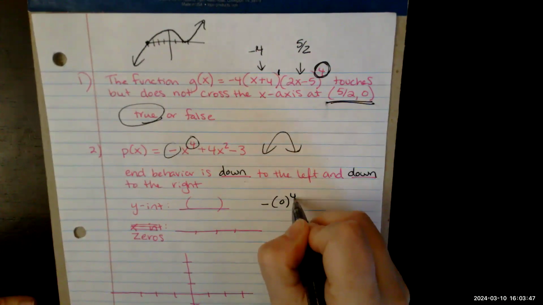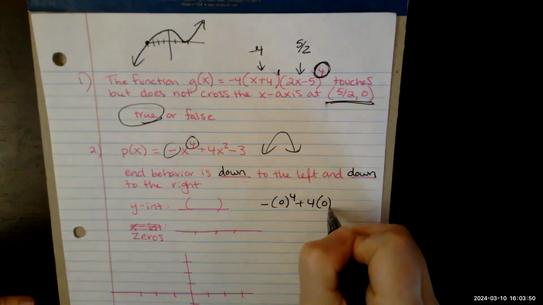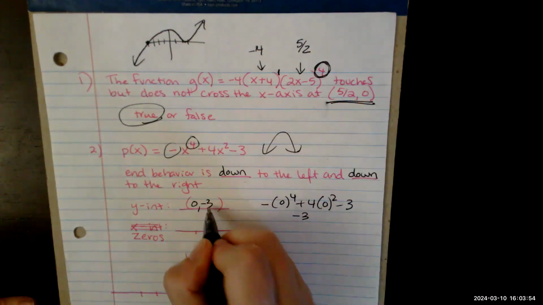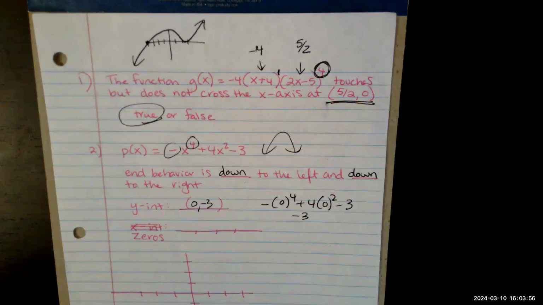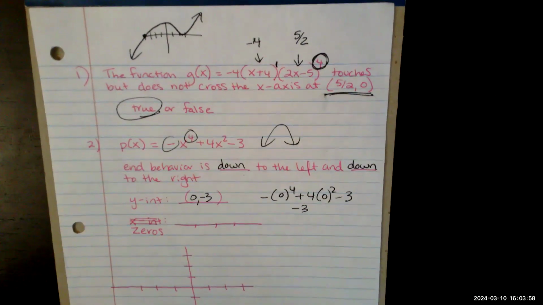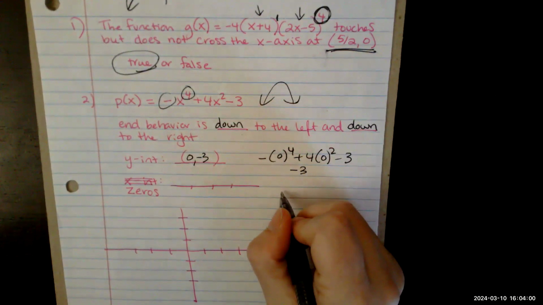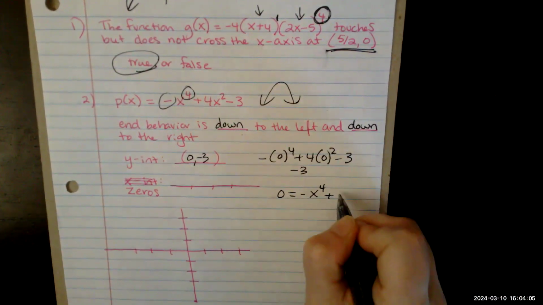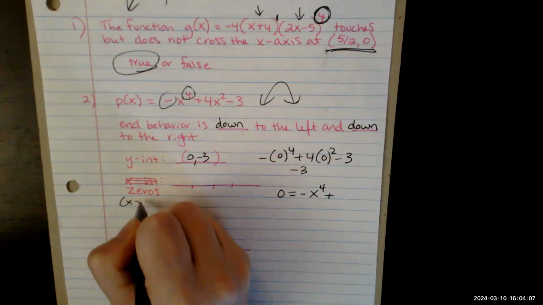So they want us to plug in 0 for the x's and solve, which would just give us -3. And now they want the zeros, which means plug in 0 for the y. Because remember, zeros is the same thing as x-intercepts.